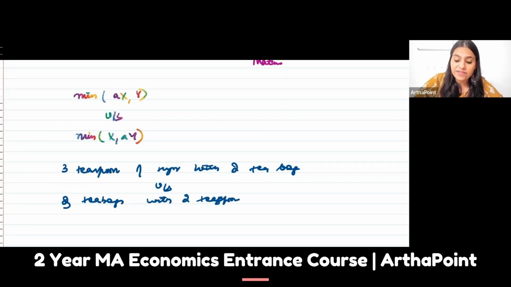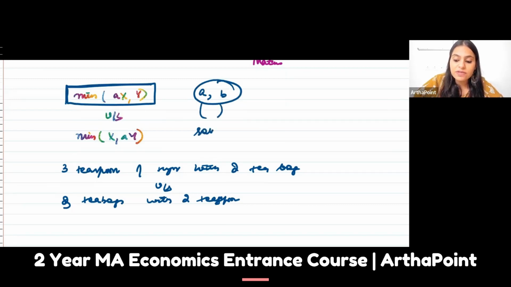So you should know that when I'm writing this min function, these A and B parameters, they tell me the ratio in which I consume the two goods. So what will be my A? What will be my B? That is what needs to be practiced.